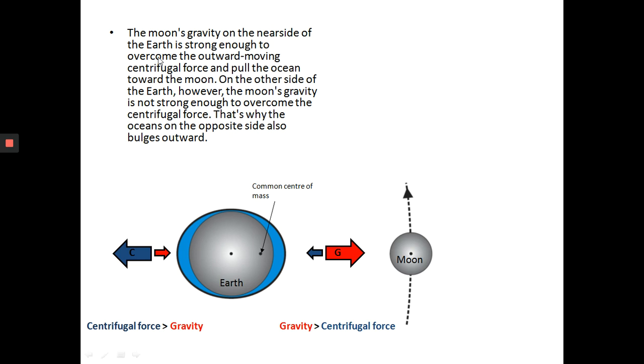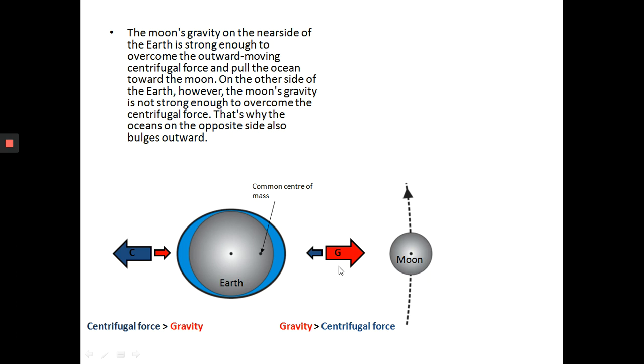So the moon's gravity on the near side of the Earth, on this side, is strong enough to overcome the outward moving centrifugal force. On this side, gravity is stronger than centrifugal force, so I draw it with a bigger arrow here, and this represents centrifugal force.